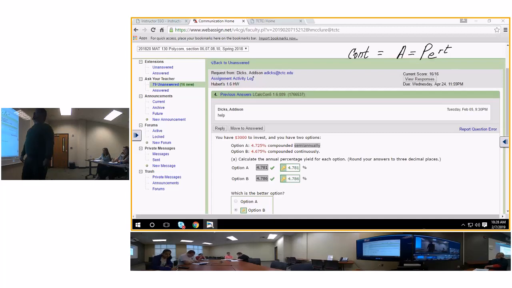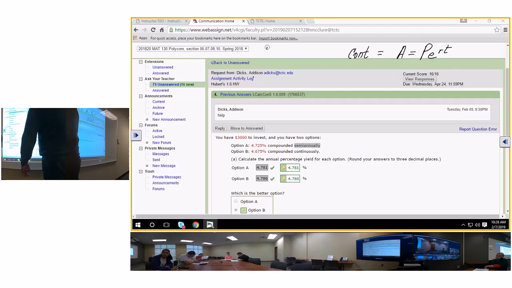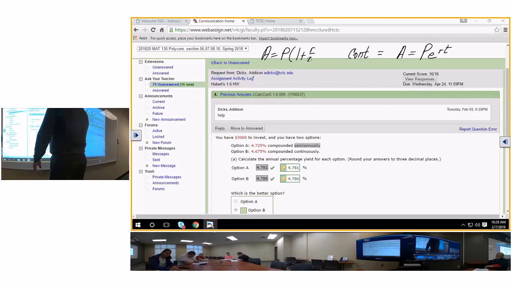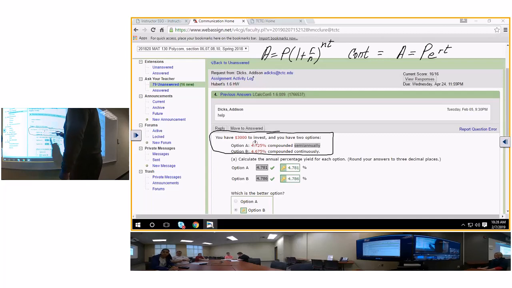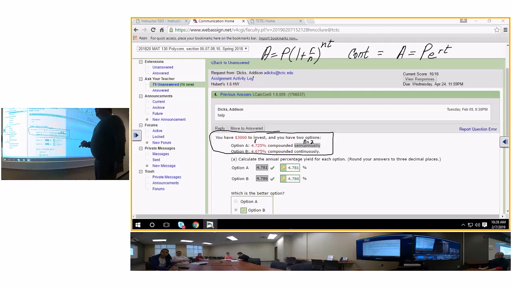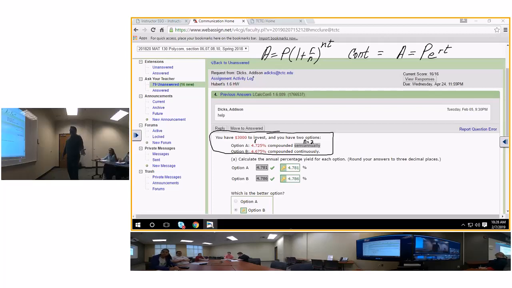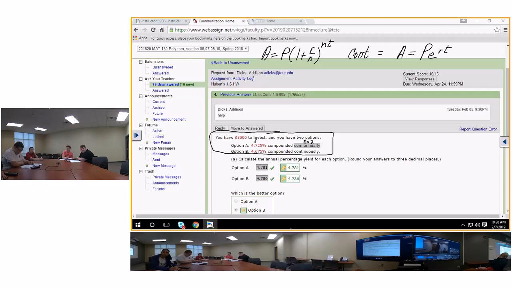And then, of course, you've got your A equals principal times 1 plus R over N raised to the NT power. Crank this in. Here's your P. Here is your R. Here is your N. N is equal to 2. And then how many years? It's got to give you T. Where is T?